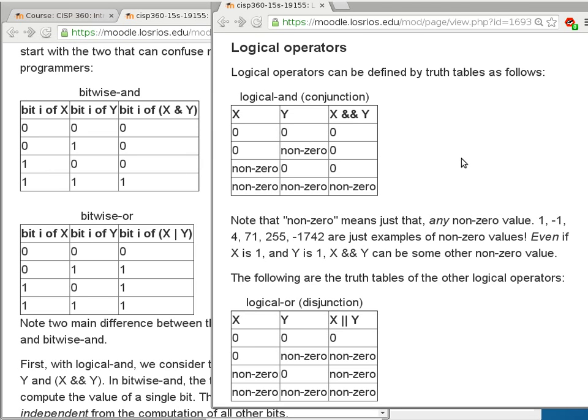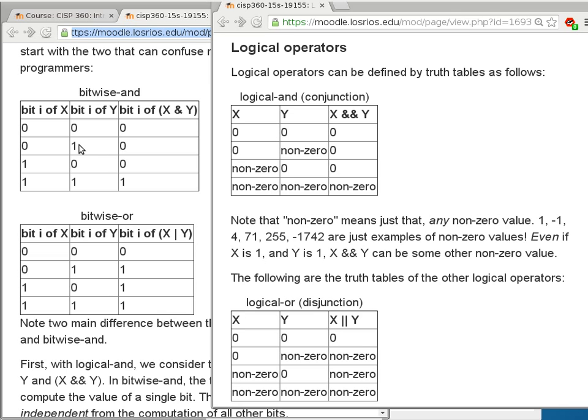You can see that the column heading is a little bit different, because with bitwise AND, I say it is bit i of x, which means it is an individual bit of an integer. If you're dealing with a 32-bit integer, then you have to apply this table to each and every bit of a 32-bit number. If you're dealing with an 8-bit number, then you have to do this to all 8 bits of that number. And that's why in this case, before we said non-zero, but this time there's only 1.